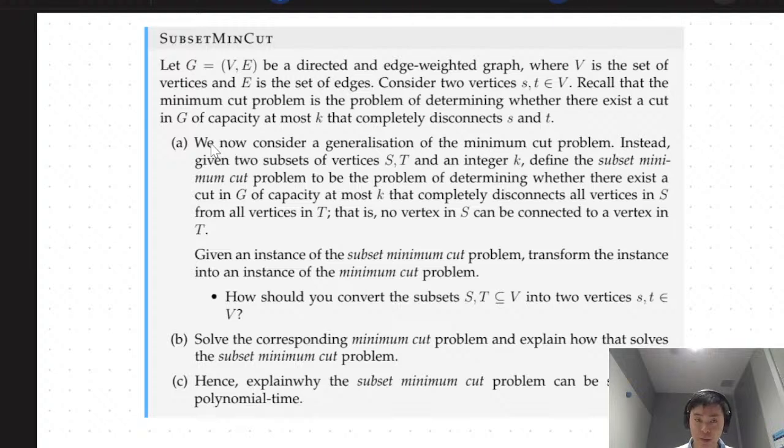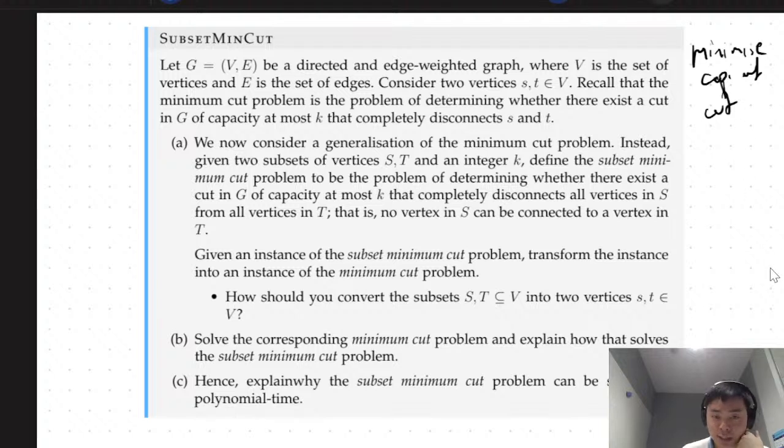In this problem, we are trying to generalize the idea of a min-cut. Remember that in one of your earlier modules, we said that the minimum cut problem was the problem of determining whether we could find a cut of capacity at most k. And the cut here completely disconnects S and T. So min-cut is to minimize the capacity of the cut.